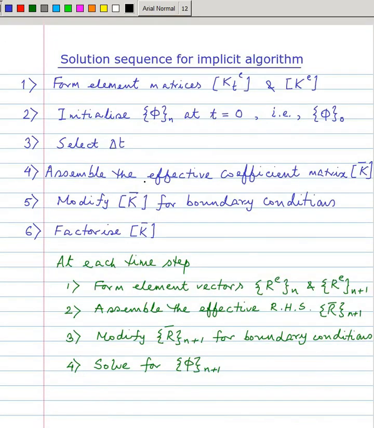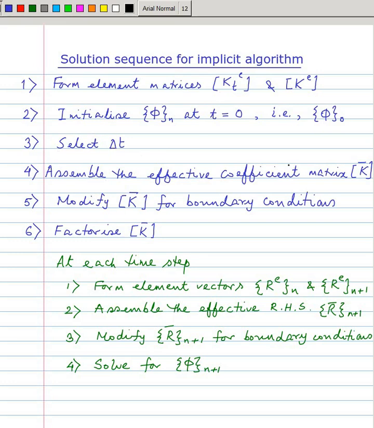Now this is the solution sequence for an implicit algorithm. You have to form K_T^e and K^e for each element. Then you have to initialize phi n at time t equal to 0, that is, you take phi 0. You have to select a time step.